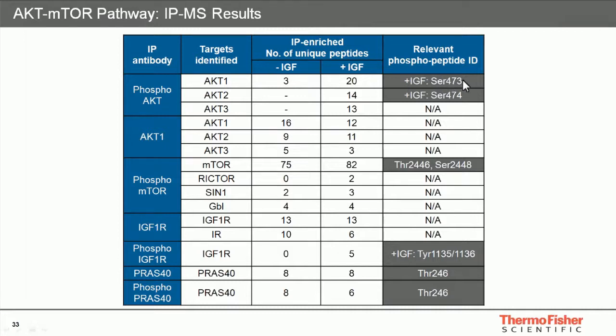We also were able to identify relevant phosphopeptides for phospho AKT, phospho mTOR, phospho IGF-1R, and phospho PRAS40. We were also able to confirm the mTOR and interacting proteins from the mTORC2 complex with this approach. And we selected the best antibody for each one of these targets to perform the multiplex IP before we do the targeted mass spec quantitation.